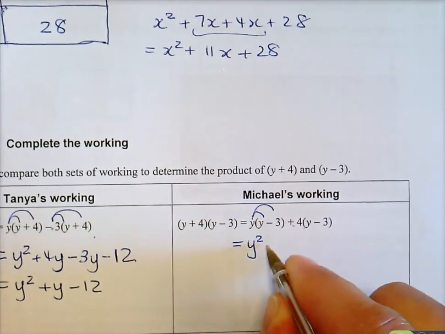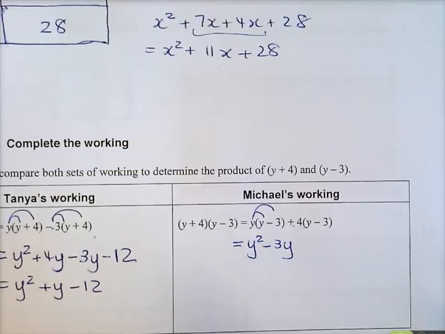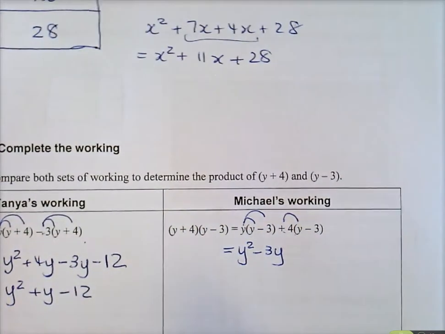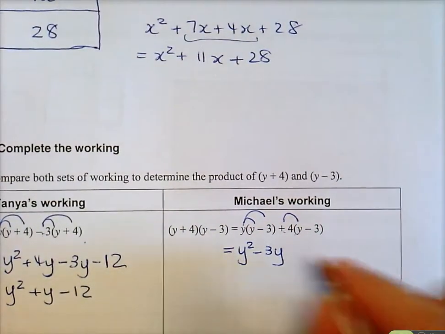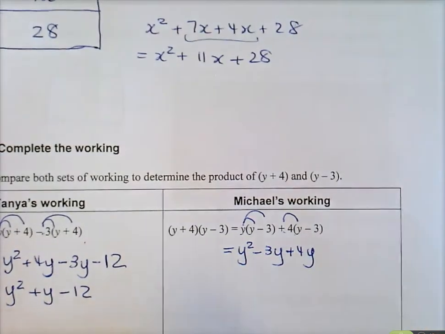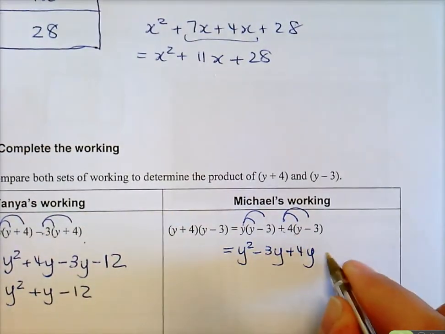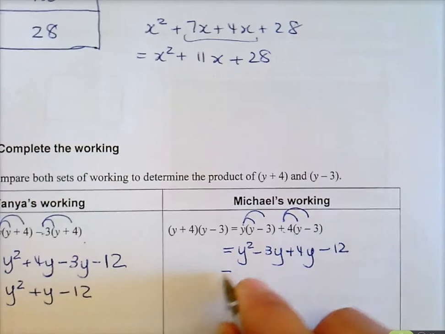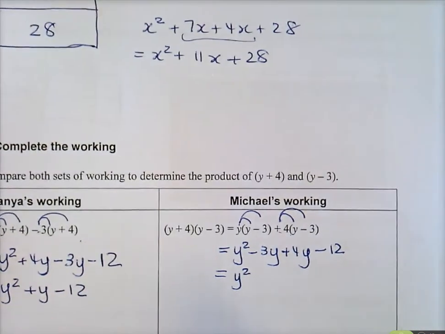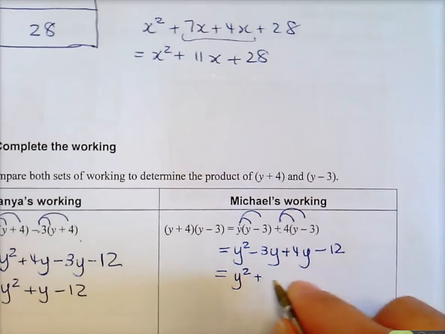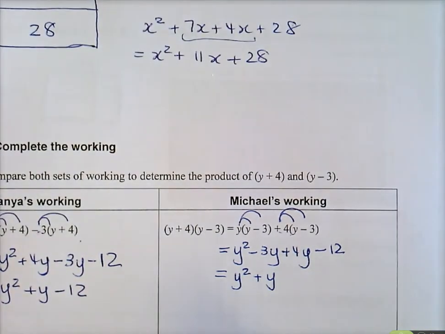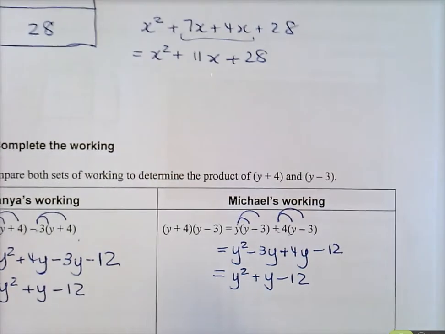Y times minus 3? Minus 3y. Plus 4 times y, positive 4 times y is plus 4y, and plus 4 times minus 3 is minus 12. So y squared minus 3y plus 4y is plus 1y, or just plus y, minus 12. They get the same answer.